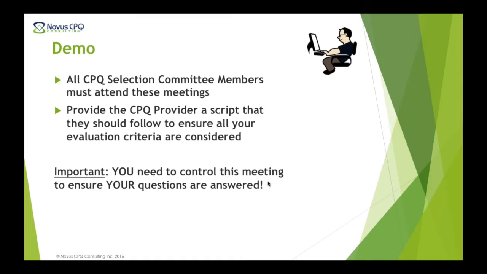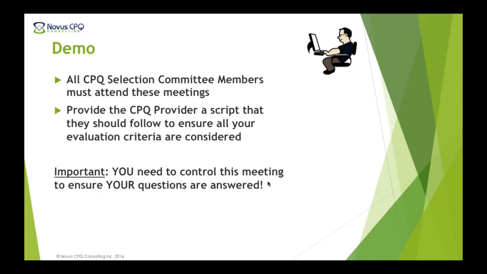And the CPQ provider gets a clear understanding of what they need to show, what's important to you. They would not necessarily see how you score and rate this afterwards, obviously, but they would understand what they need to show this customer so that we address their requirements.